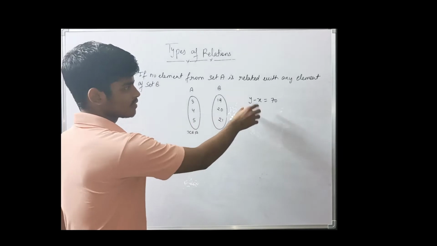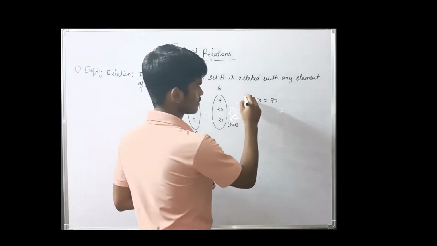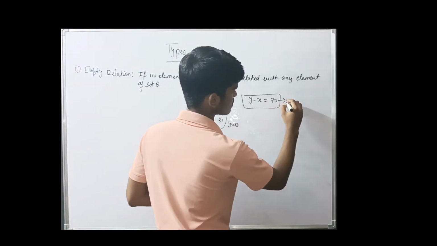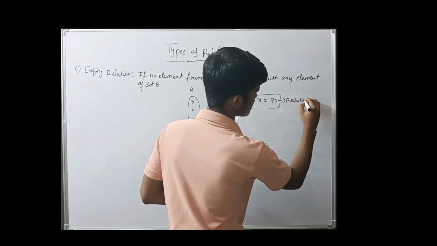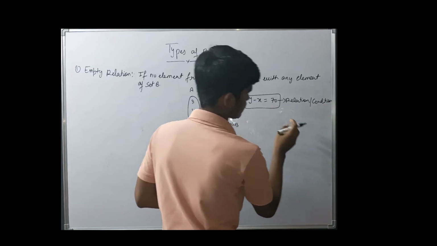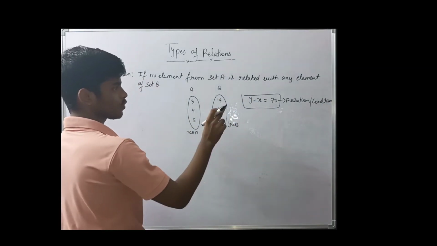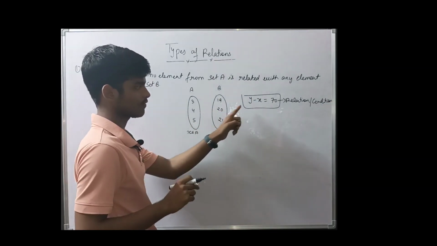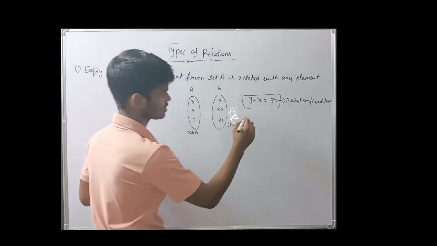So I have defined this condition, or what we call a conditional relation. Relation is nothing but a condition which you make. Condition and relation are the same thing. So I define a relation between these two sets, that Y minus X should be 70. Is it possible or not?